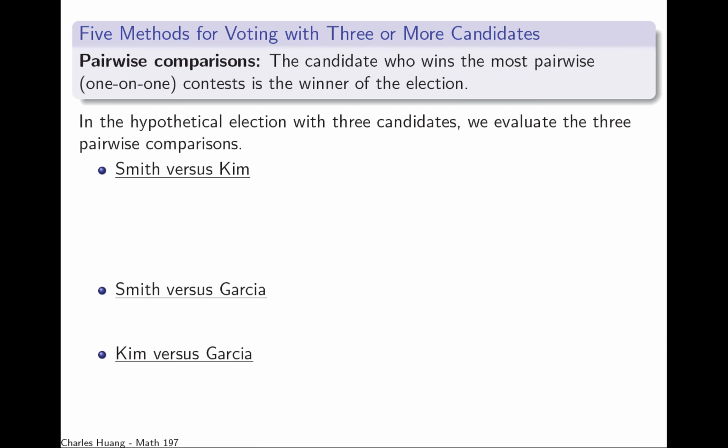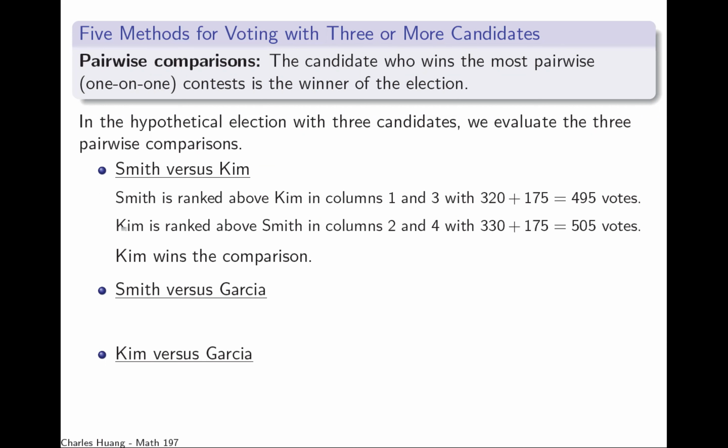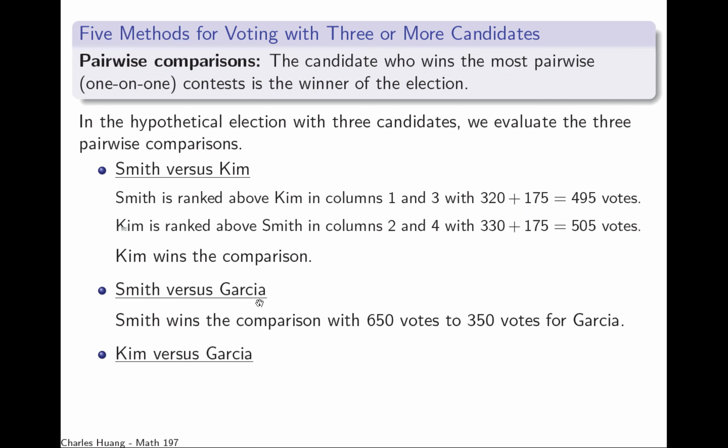So we'll have to go back and look at the preference schedule. You'll notice if I compare Smith and Kim together, Kim has more votes. So Kim wins this comparison. Kim wins this game. When Smith compares with Garcia, Smith has more votes.